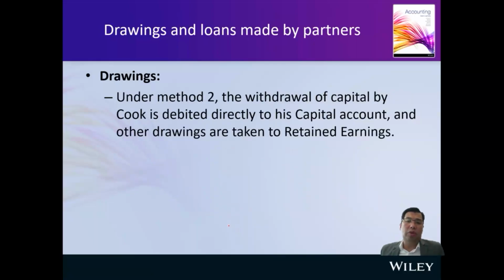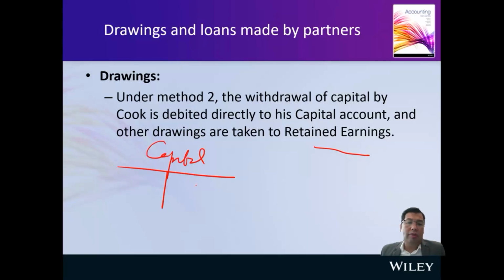But under method number two, the withdrawal of capital by Cook is directly debited to the capital account, and other drawings can be taken from the retained earnings. So we have to assess whether it is a withdrawal of capital or other drawing. If it is a withdrawal of capital, it means the partner takes his capital out, so we record it in the capital account.